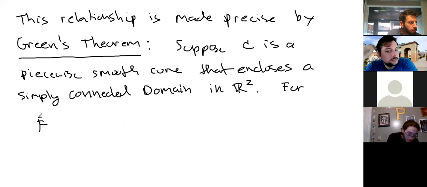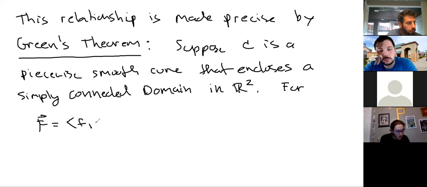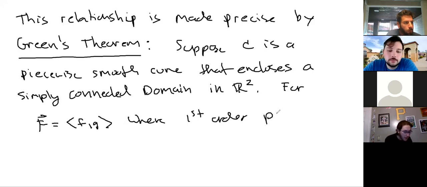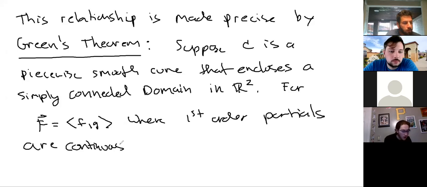So for some vector field, which we'll denote as having two components, f and g, we need some partials, and they must be continuous. So this is all the specifics of the nice enough stuff.